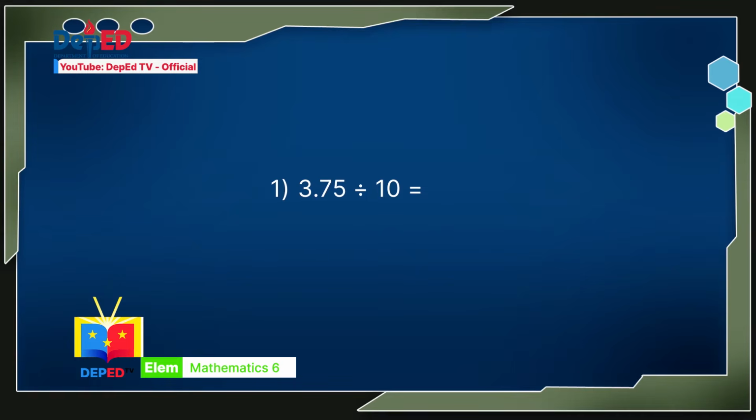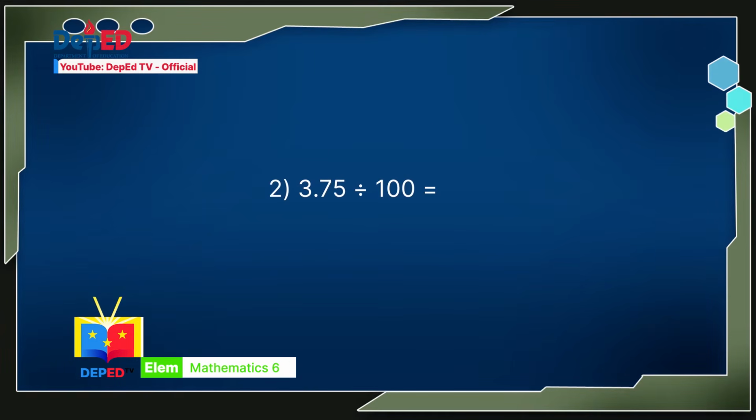Since there is only one zero in the divisor, which is 10, move the decimal point of the dividend one place to the left. The new decimal number formed is the quotient. Hence, 3 and 75 hundredths divided by 10 is equal to 375 thousandths.